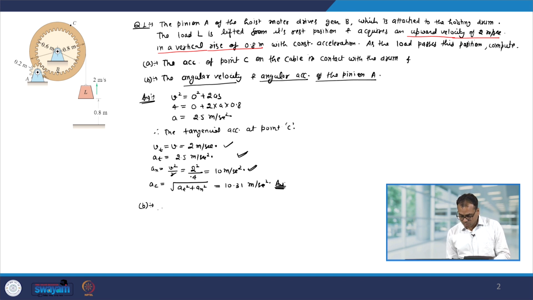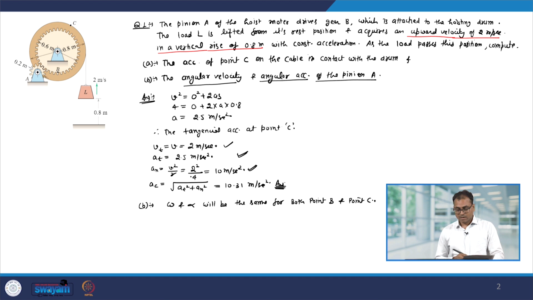Note that the angular velocity omega and the angular acceleration alpha will be the same for both point B and point C. So, omega_B or omega_C will be v divided by r.